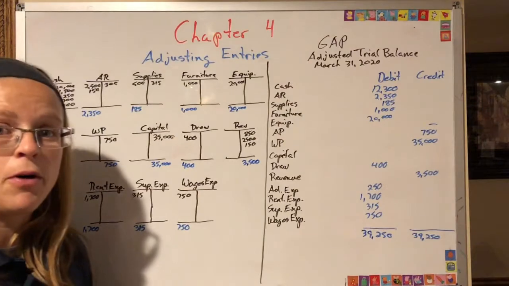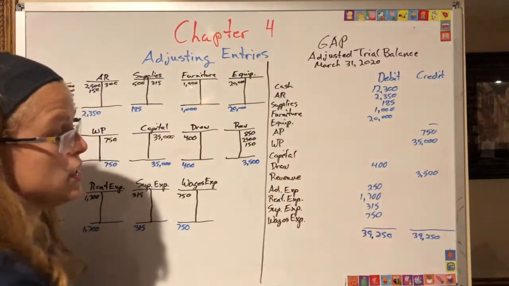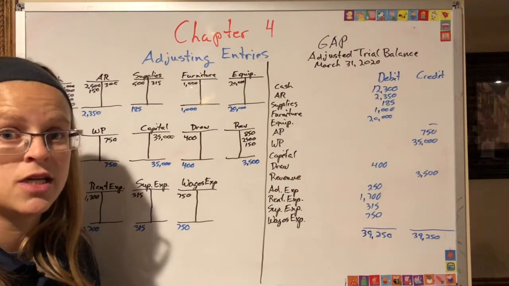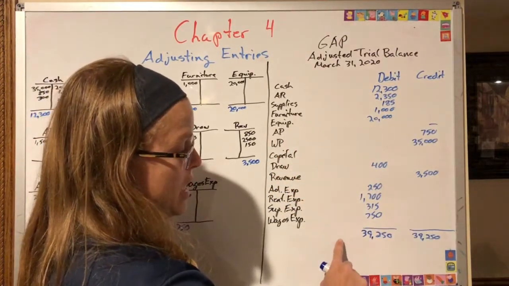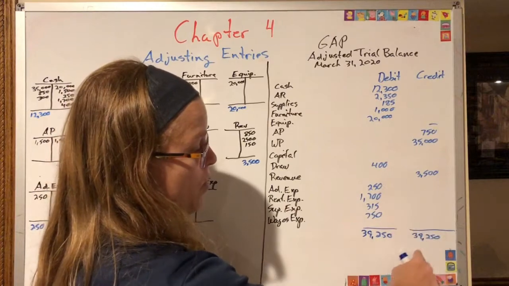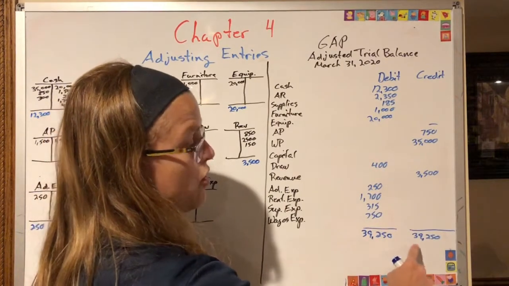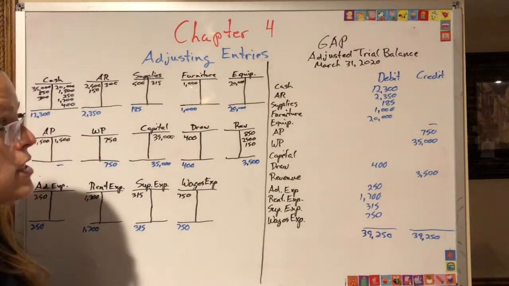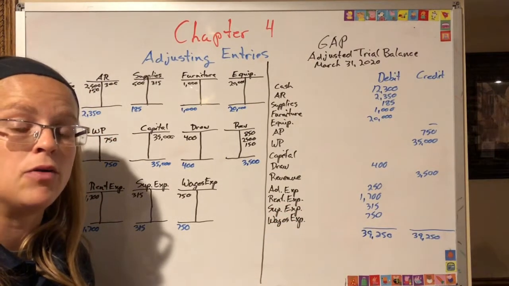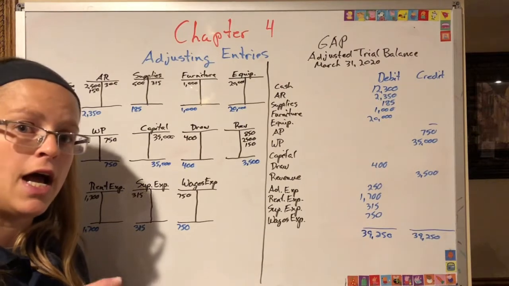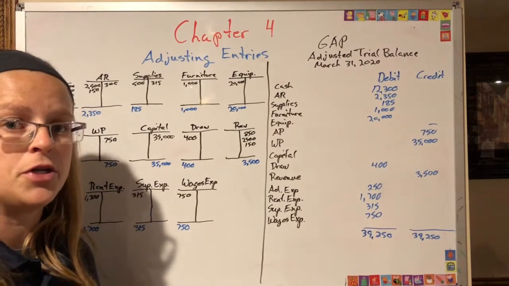And that's really the purpose of the adjusted trial balance, is to make the adjusting entries and to make sure our debits equal our credits. And we see here that our debits do equal our credits of $39,250. So that's the purpose of the adjusted trial balance. So next we're going to learn about depreciation and how to make the adjusting entries for depreciation.